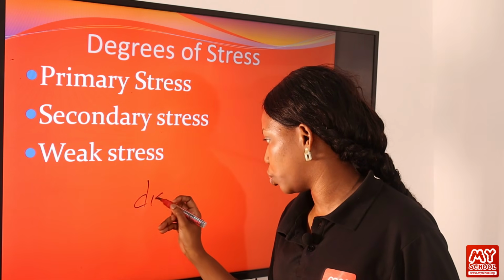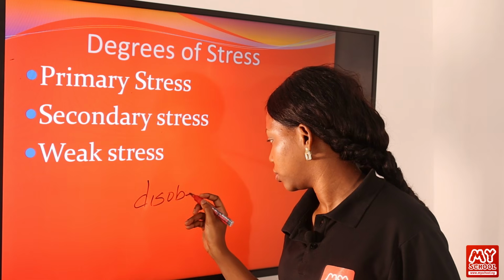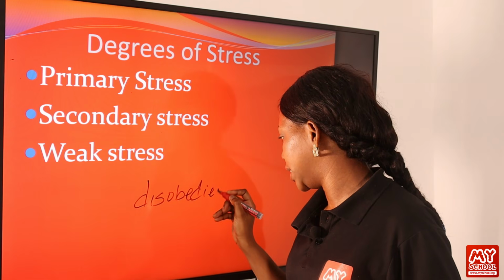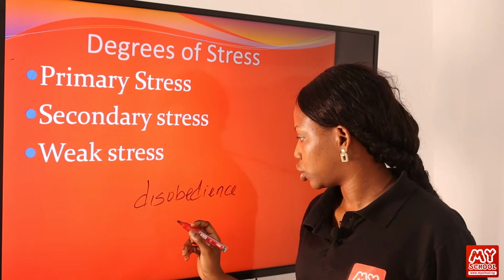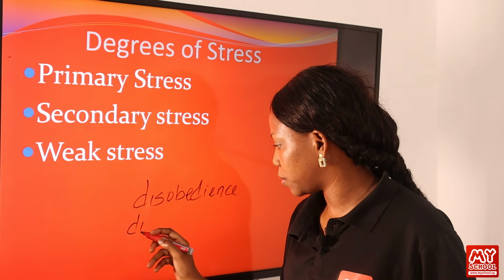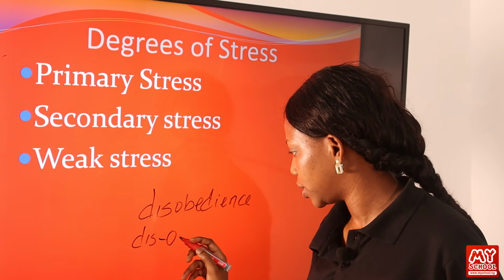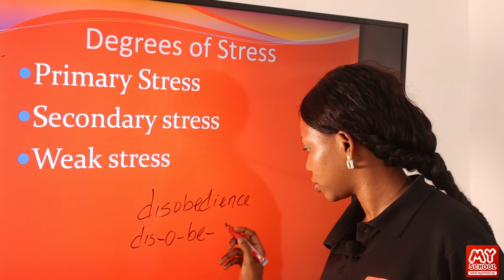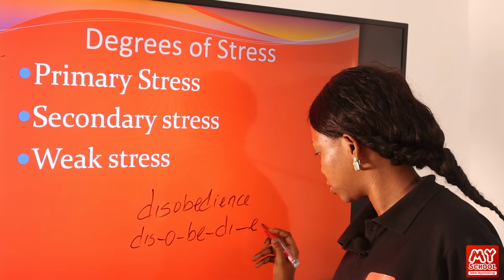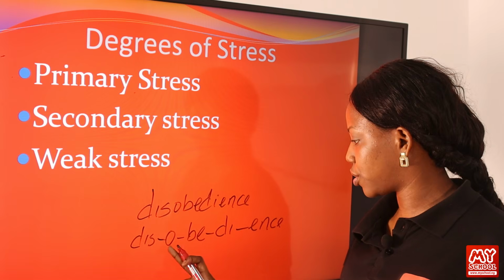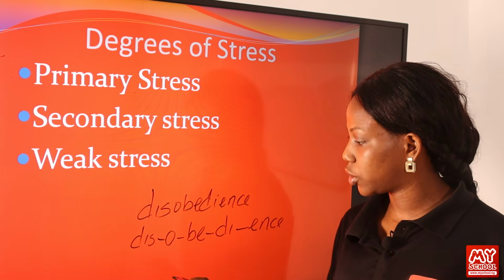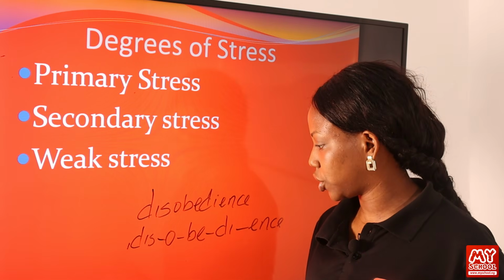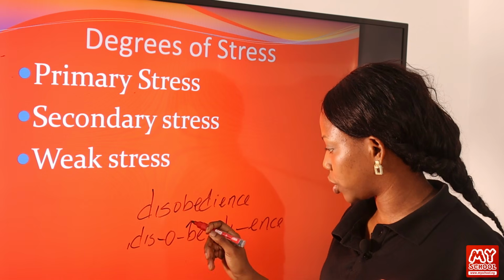The word disobedient. Disobedience. This word has 5 syllables, so let's divide. 1, 2, 3, 4, 5. This is the secondary stress, and this is the primary stress.